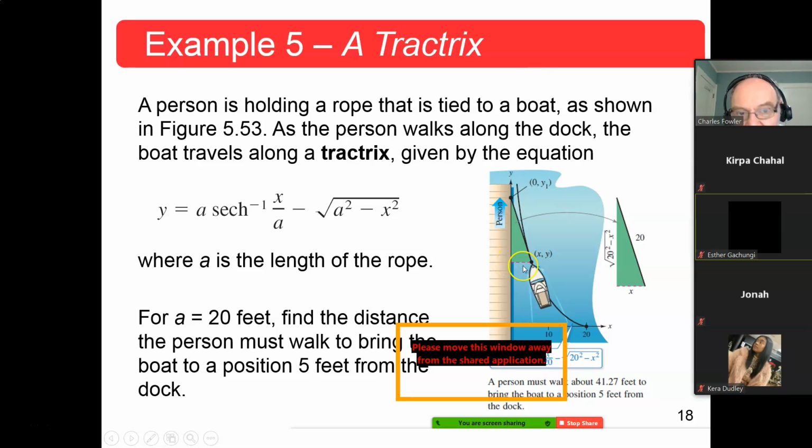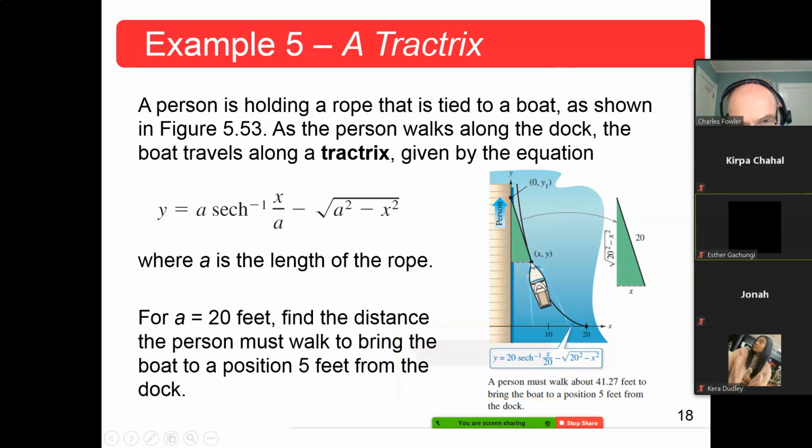Oh, I'm sorry. Y is the position of the boat, not the position of the person. The position of the boat is the XY. So as the boat is moving from here to wherever it's moving to, this is your Y here. I would say it the other way.